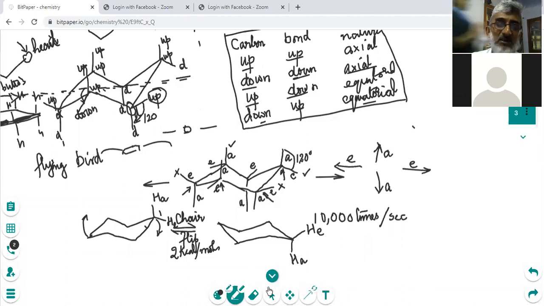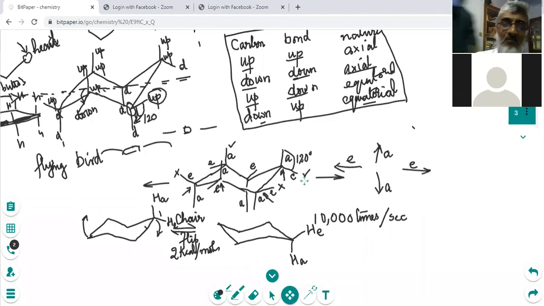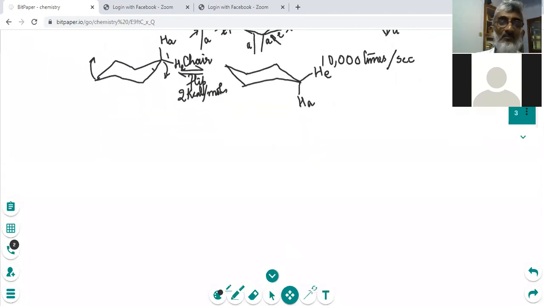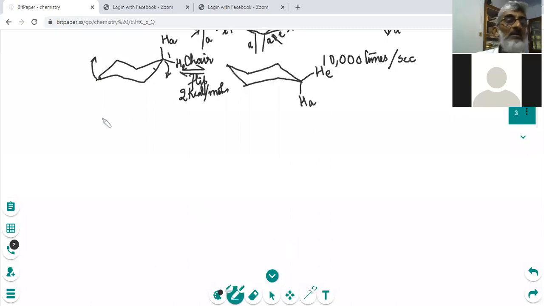Now stability point of view. Now looking at the stability of this. Chair form is more stable than boat form. So this is chair.